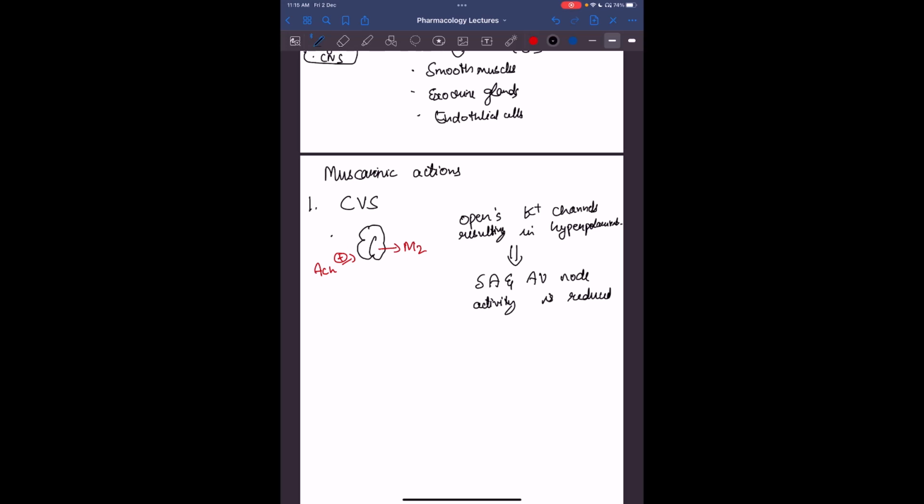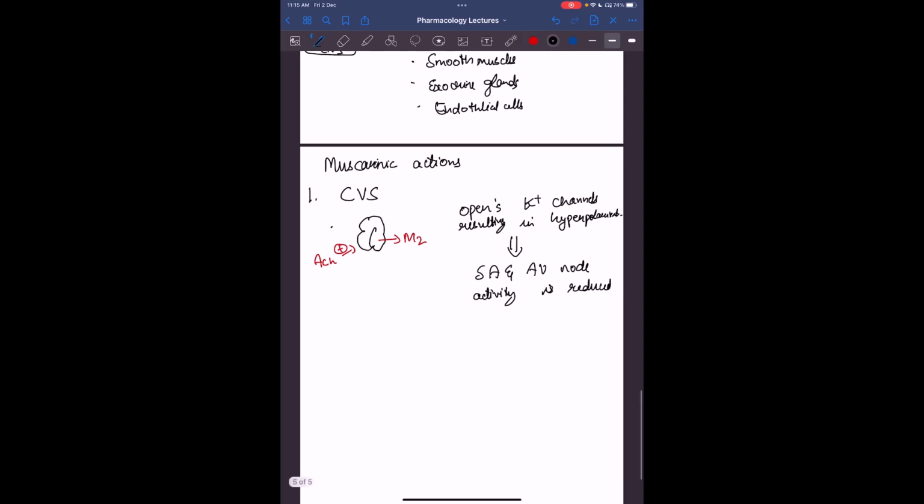When potassium comes out, repolarization happens, after which hyperpolarization happens in the action potential curve, you remember. So SA node and AV node activity is reduced, which leads to decreased heart rate.